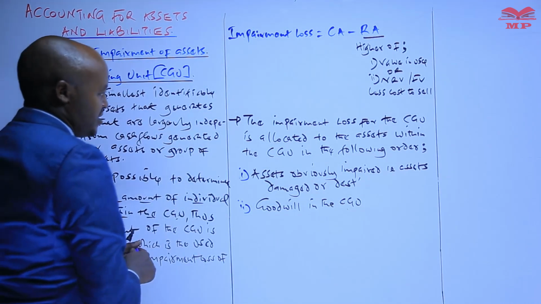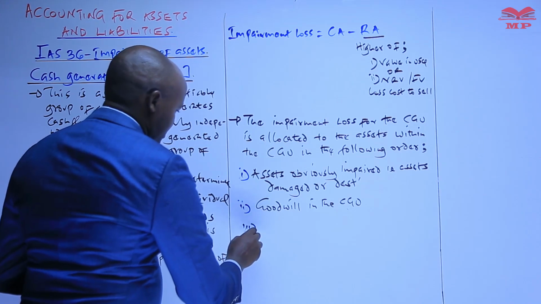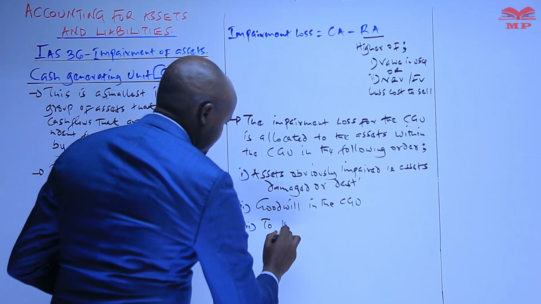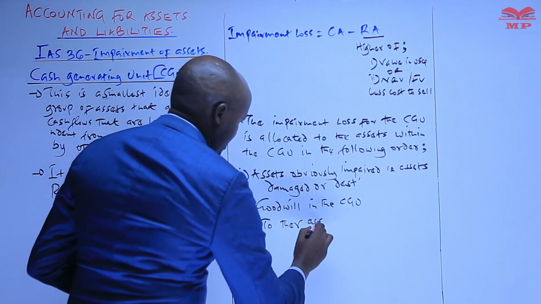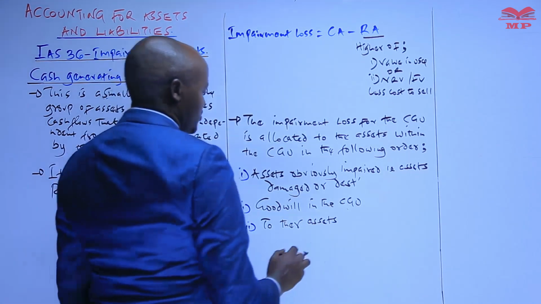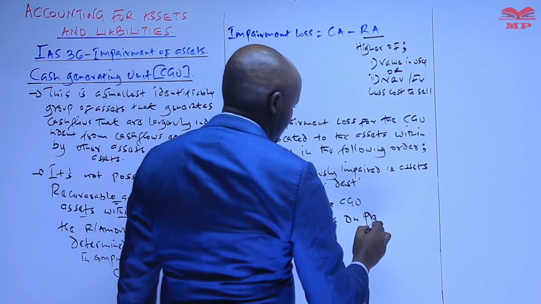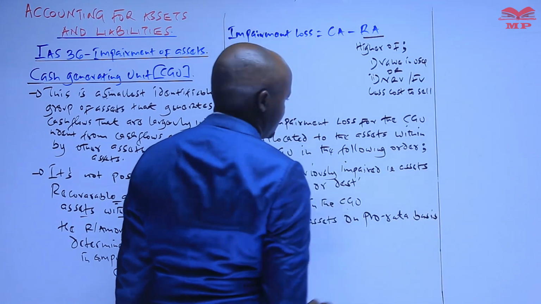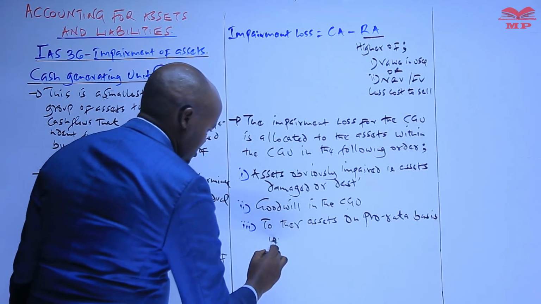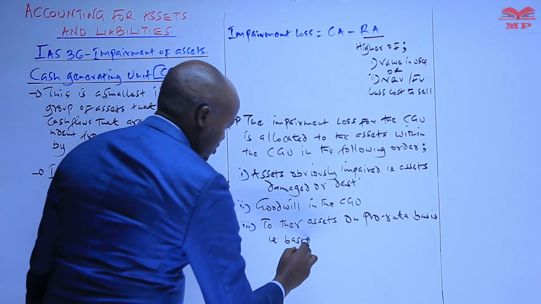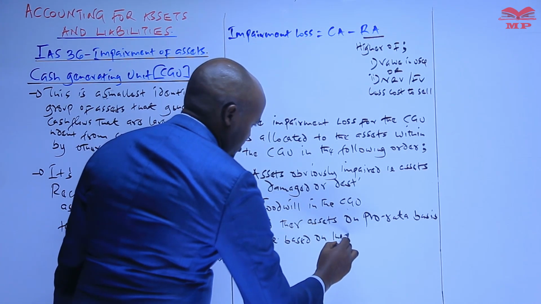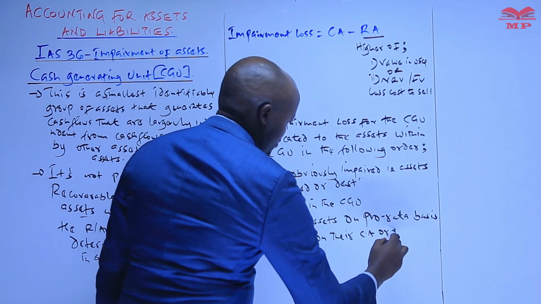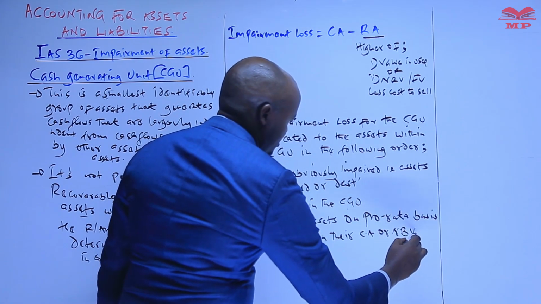And number three, we allocate to other assets on a pro rata basis, i.e. based on the carrying amount, or the net book value.